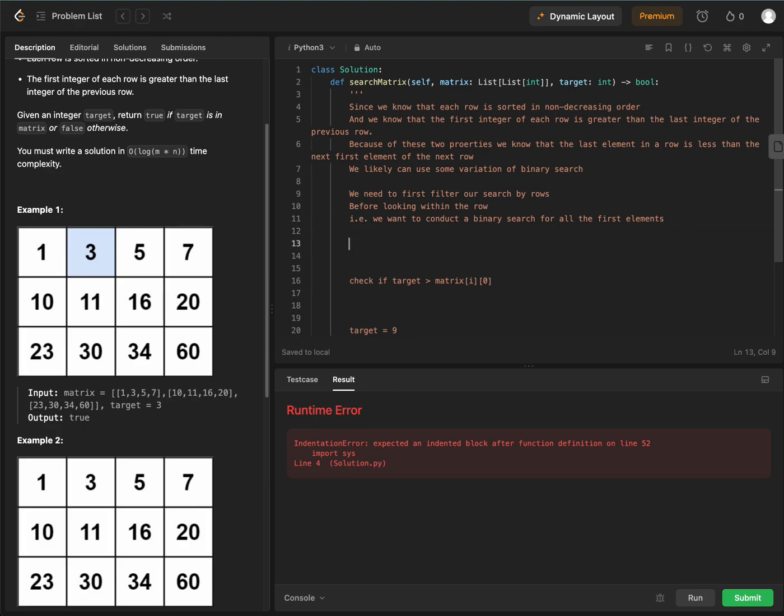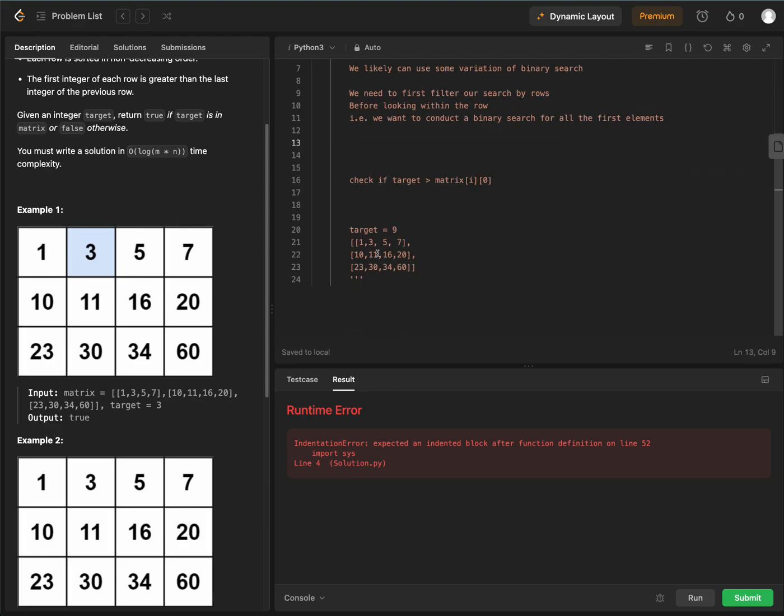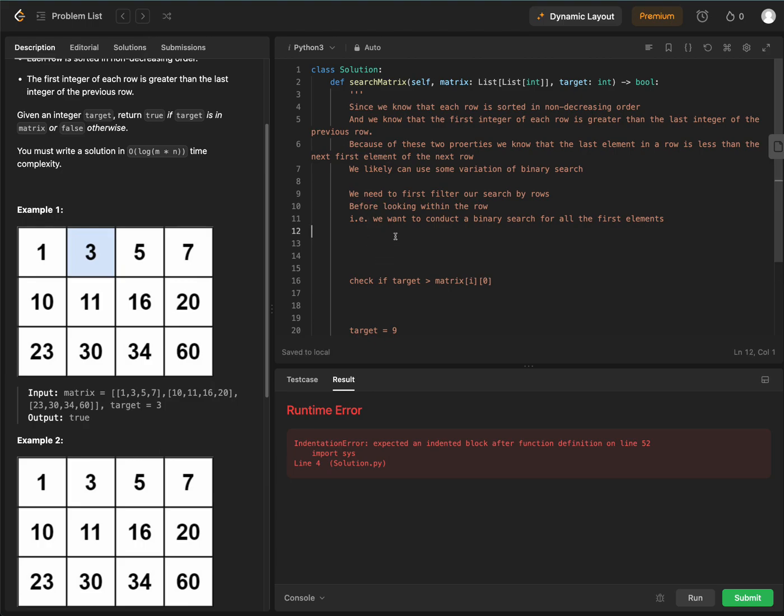So essentially when we're looking at this, we have 1, 10, 23. The thing we are looking at is 1, 10, 23.